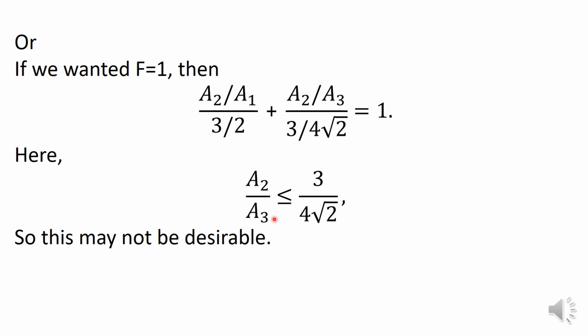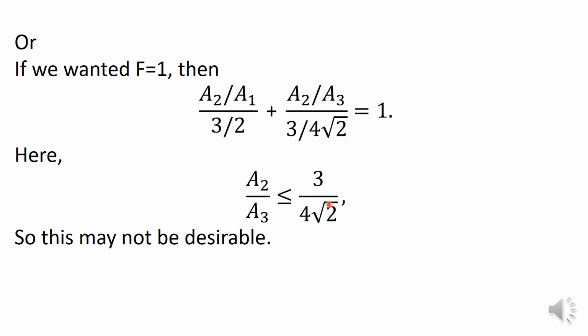Now, as we said in our design, we would like the diagonals to be a little smaller in cross-section than the size of the rectangle. So if the diagonal is smaller, then this ratio would be greater than 1. But here we have it less than this thing, which is less than 1.